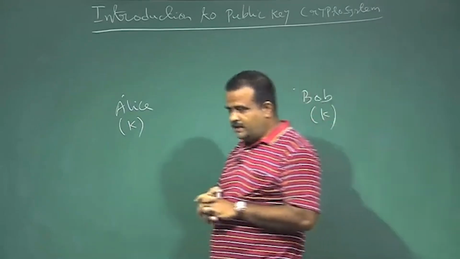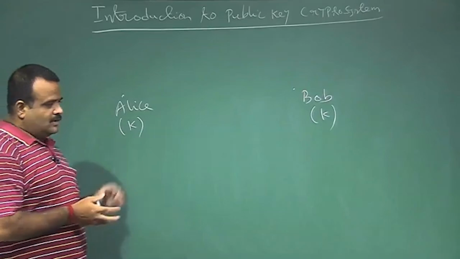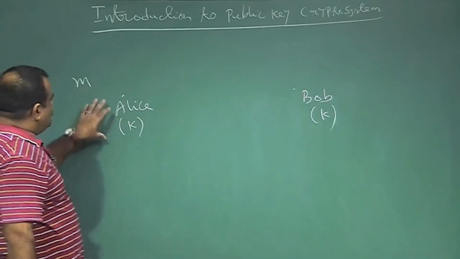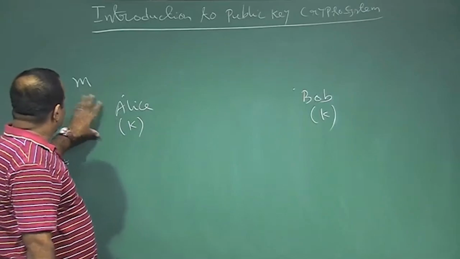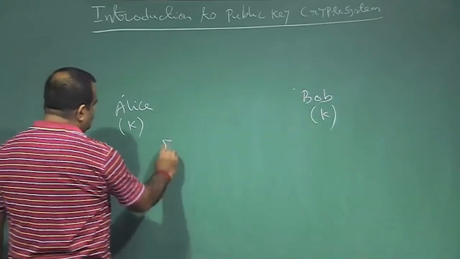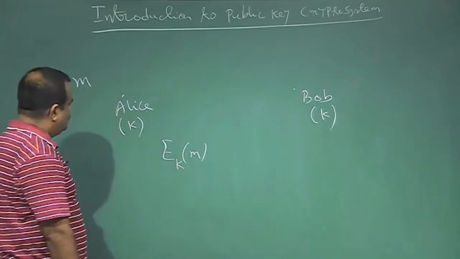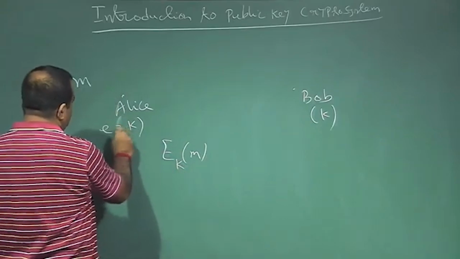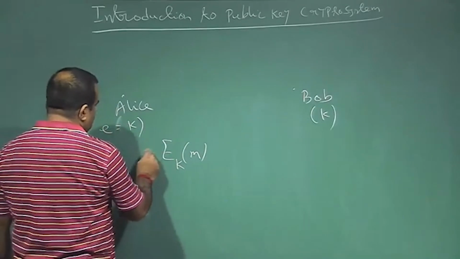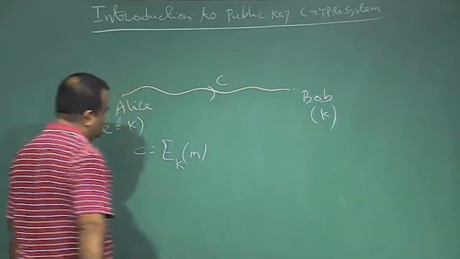So they agree on a common key k, and then they communicate using this common key k. Alice is encrypting the message M using the key k, this is the encryption E, and this is the ciphertext. Alice generates C and sends it to Bob over the public channel.